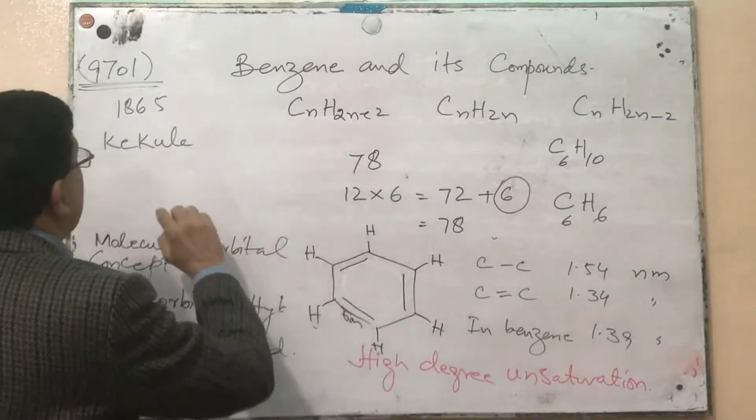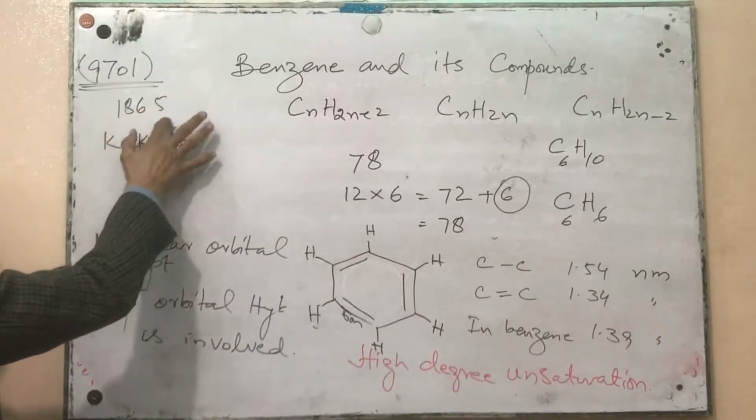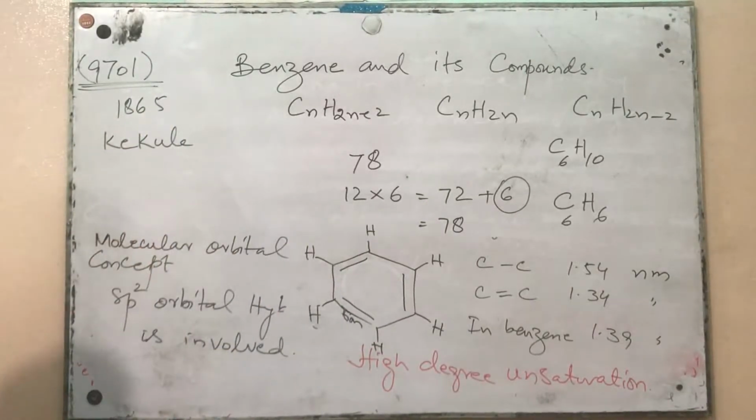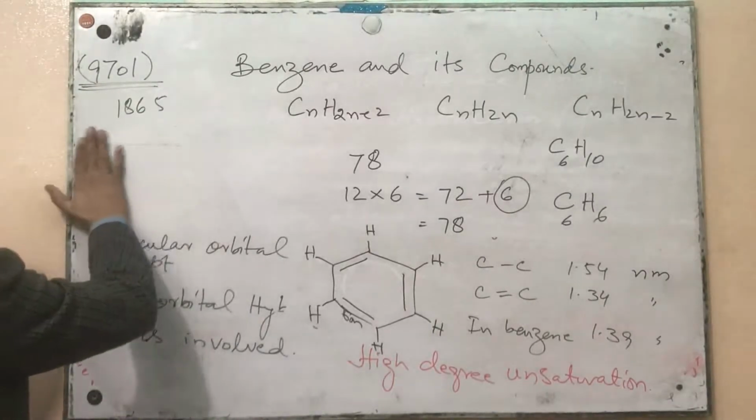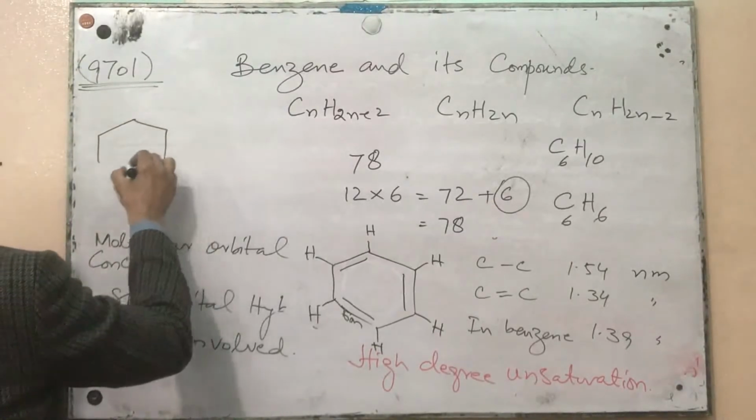This cyclic structure was given in 1865 by Kekulé. Kekulé is a scientist who proposed two structures which are called resonating structures. The Kekulé structures are represented just like this.